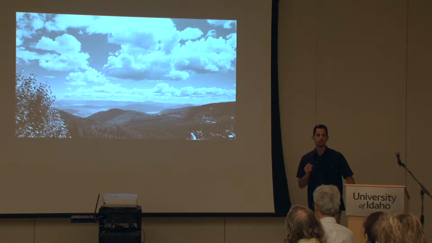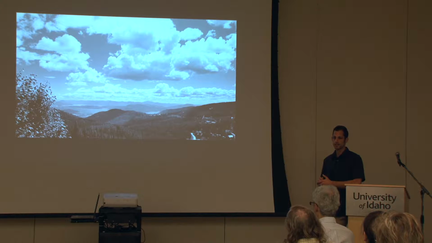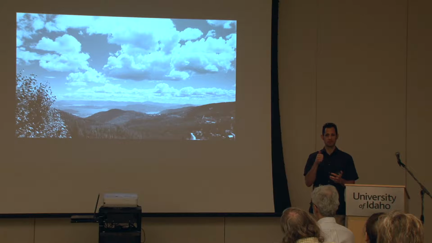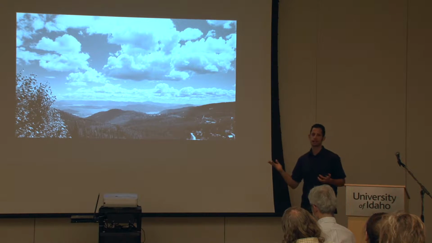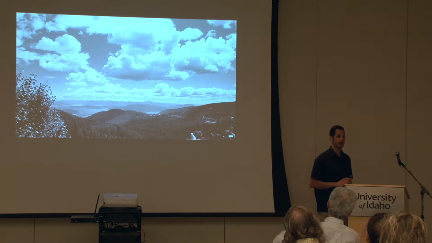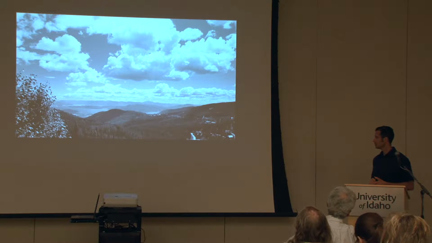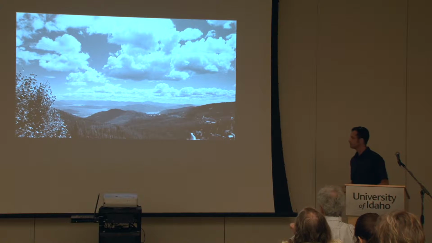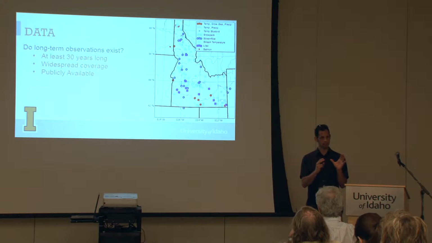The challenge was to find out how we could synthesize these for the state of Idaho. You can't just take a record from the central part of the state and call that representative, certainly in a state like Idaho, where we have complex topography, climate, and impacts as well. So the students went out and looked for data. They each had a separate indicator.